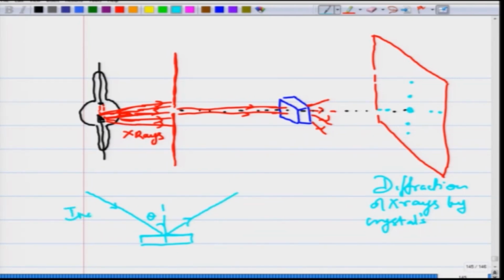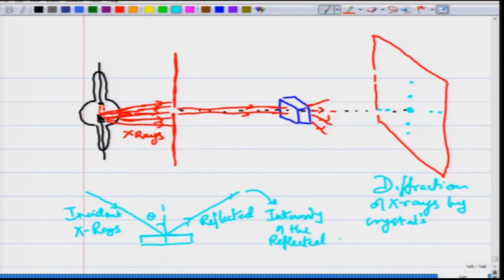This is the incident beam of X-rays, and the intensity of the reflected beam is maximum for some specific angles.